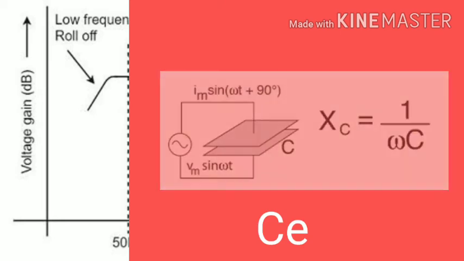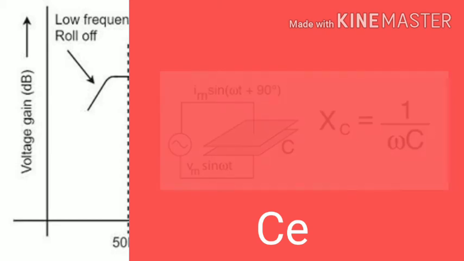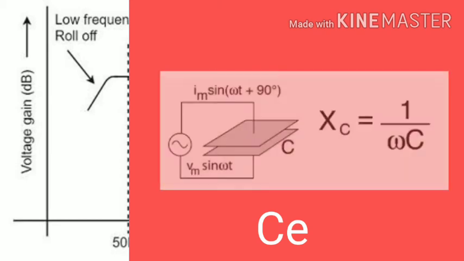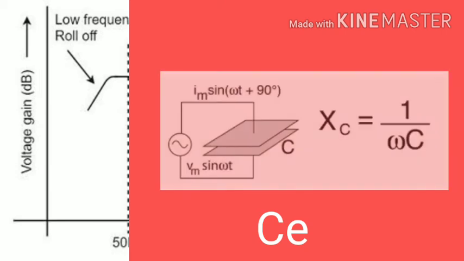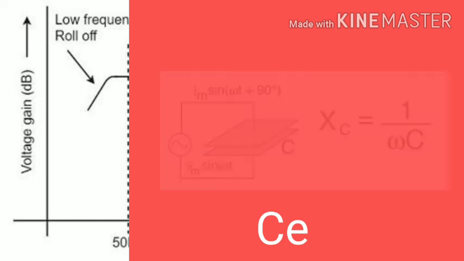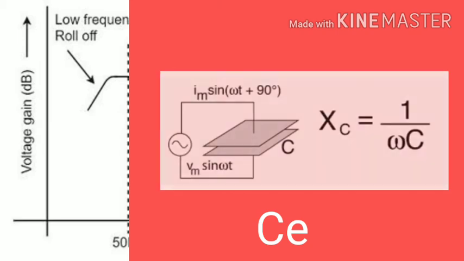The second reason is the emitter capacitor. The input signal is at low frequency. Due to that, this capacitor CE can't shunt the emitter resistance effectively because of its large reactance at low frequencies.